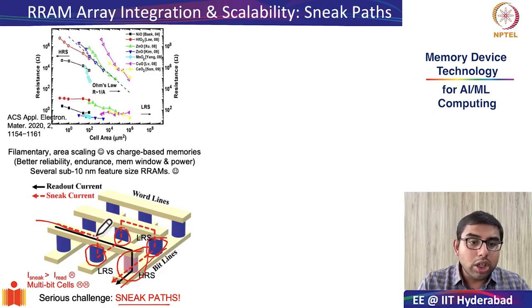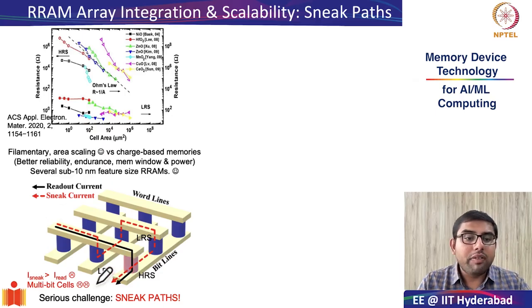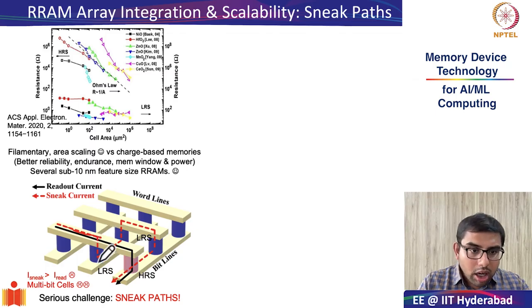So in addition to the intended readout current which is shown in black color, there will also be an unintended sneak current which will flow through the top word line, enter through the low resistance state into the bottom electrode, then travel back to the top electrode through the second cell which is in low resistance state, and then find its way into the bottom electrode.